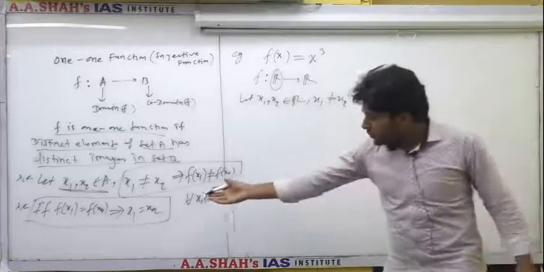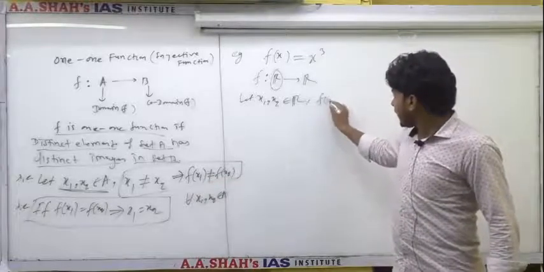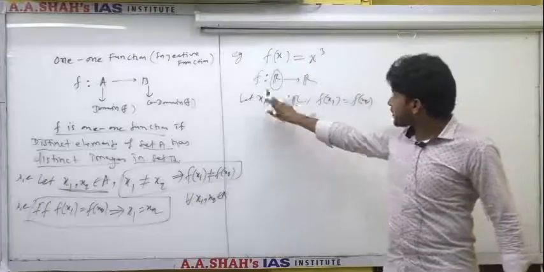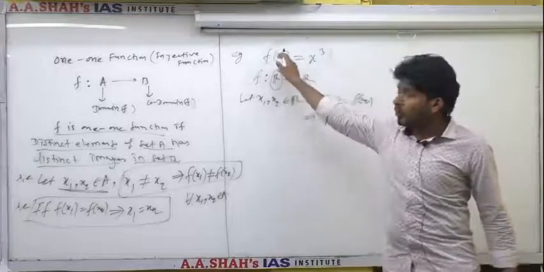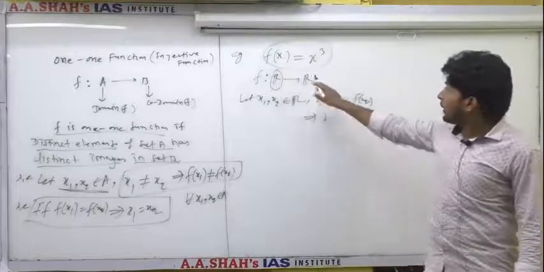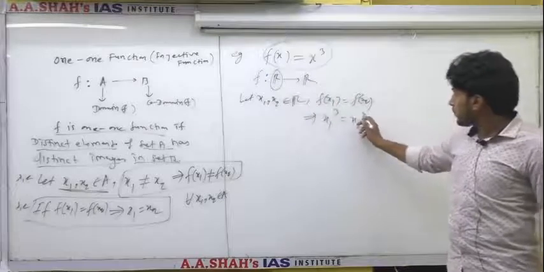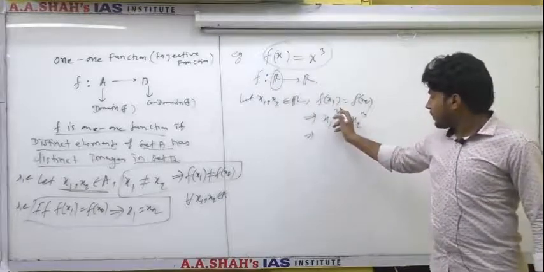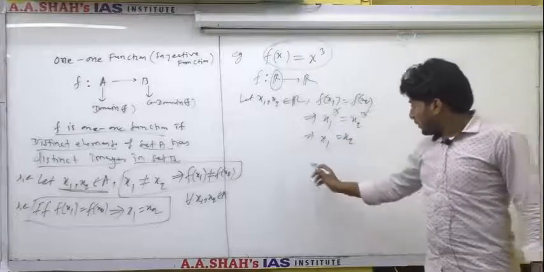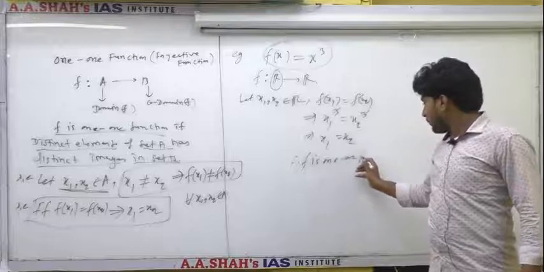Or we use the second definition, not the first, and let f(x1) be equal to f(x2). Then since f(x) is x cube, f(x1) will be x1 cube, and f(x2) will be x2 cube. We can cancel the power. x1 is equal to x2. Therefore, f is one-one function.